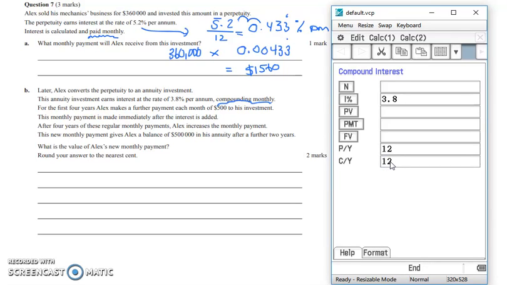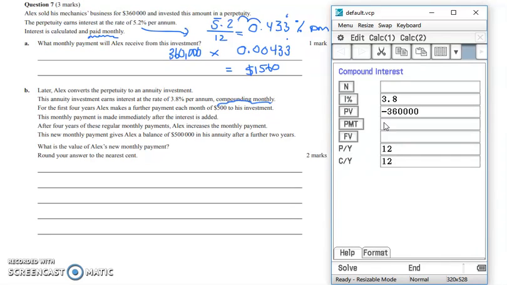We know that we're placing in the bank the $360,000, and because it's money out of our pocket, we can put that as a negative in there. He also says that he's making immediate payments of $500 there as well.